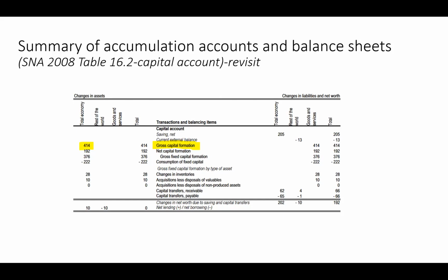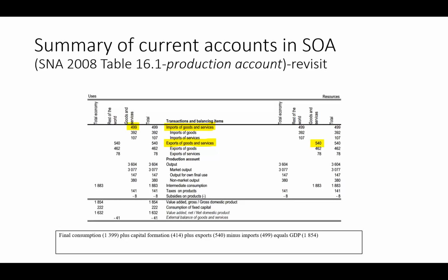And the next table, import of goods and services and export of goods and services. So final consumption plus capital formation plus exports minus imports equals to gross domestic product here. Again, we have the same value, 1,854.